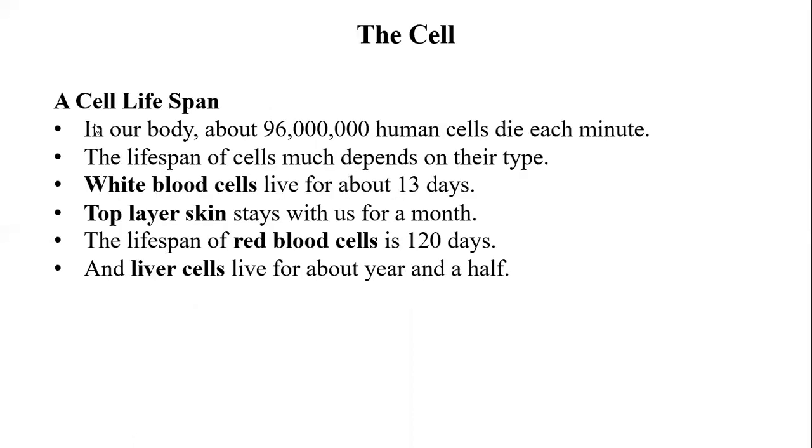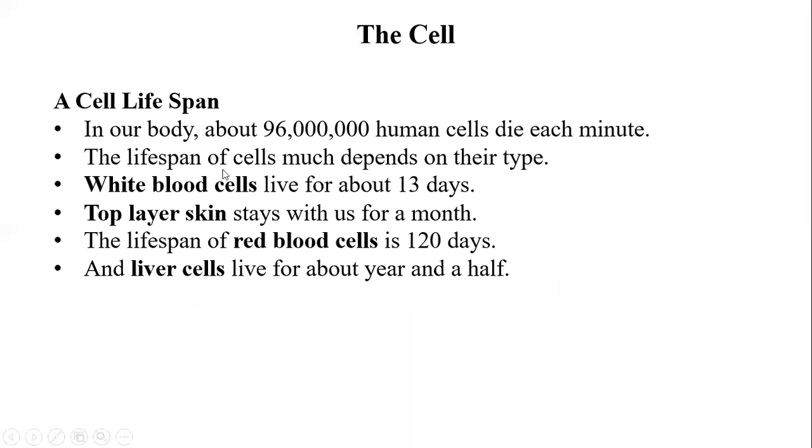इसके अलावा हमारी जो सेल की लाइफ स्पैन है, what is the life span of a cell? सेल की एक लाइफ लाइन होती है. In our body about 96,000 thousand human cells die each minute.